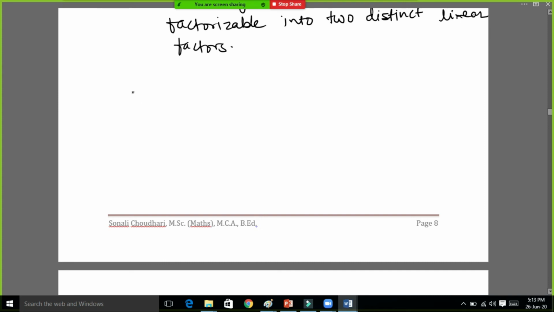Now case 2. Case 2 is when the polynomial is factorizable into two equal factors.